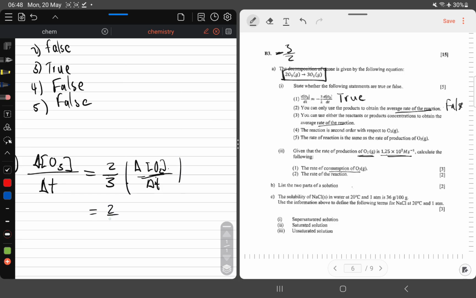Which is going to be 2 over 3 times 1.25 times 10 to the power of 2 molar per second, which is going to be times 10 to the power of 2.